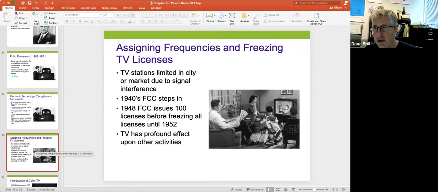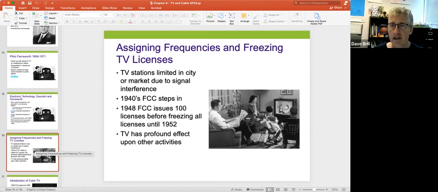So if you lived in a New York, a Chicago, a Los Angeles, before this licensing freeze took hold, there were stations that you could tune into and watch. Now remember, the very first televisions were only 7 inches. Now they're 60 or even bigger, but they were teeny tiny. The reception wasn't great, but it was television.